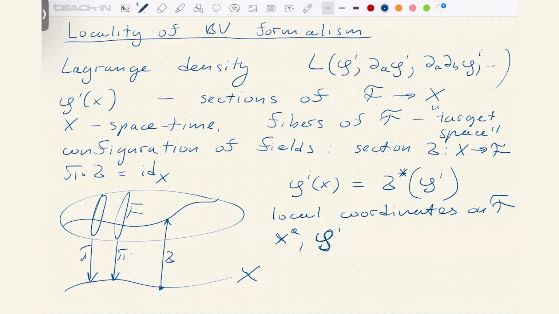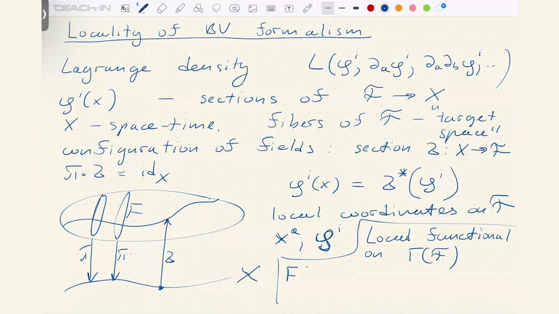Okay, and then we can speak about functionals. So a local functional on sections, the space of sections of our bundle. So let's say F of sigma. It's a map which takes a section and gives a number, right?